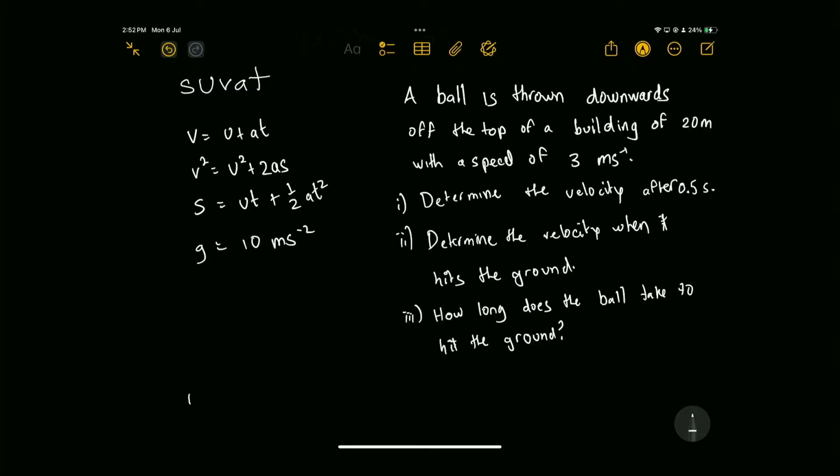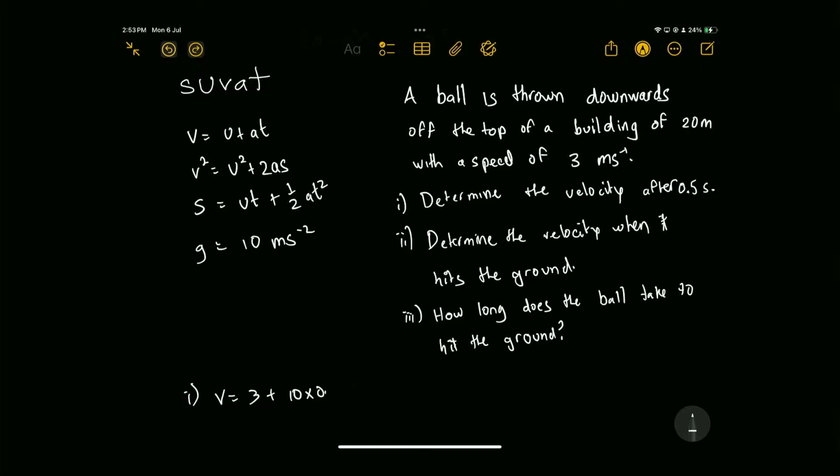For part 1, we have v is equal to u, which we know is 3, plus a times t. Now, the acceleration we were given to be 10, and the time is 0.5. So this is equal to 3 plus 5, which is 8 meters per second.